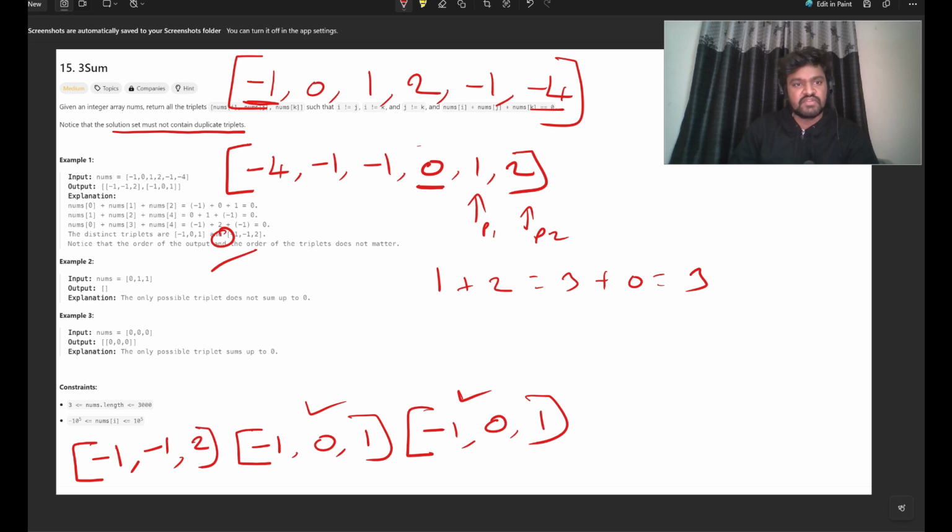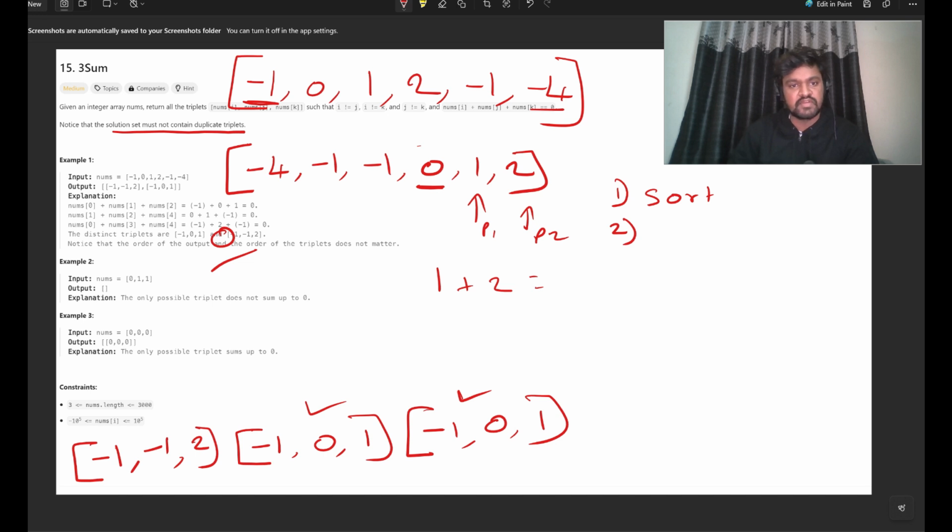Before that, we will summarize whatever we have done as of now, and then we'll go to the code. Based on that, we can code. First, what we did is sort. Second, we made a static value.